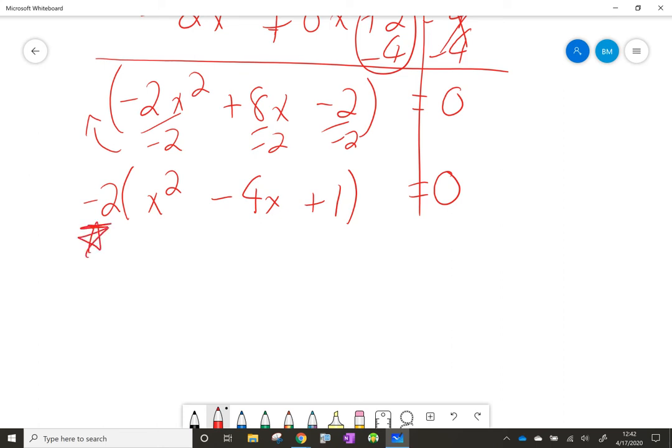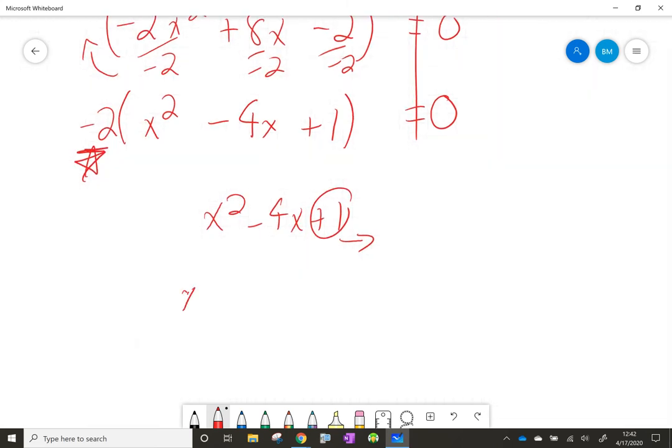It's very important. But let's focus our attention now on completing the square. Let's focus on the x squared minus 4x plus 1 for now. We have to move this 1 out of the way. So we're going to have x squared minus 4x plus a new number, and then plus 1 out of the way.